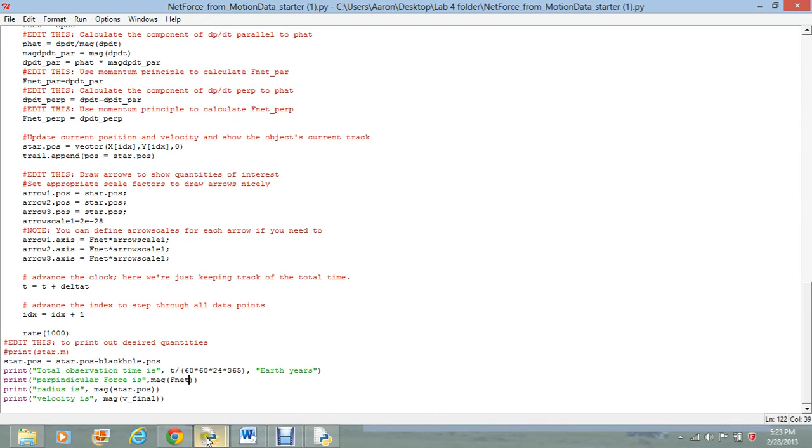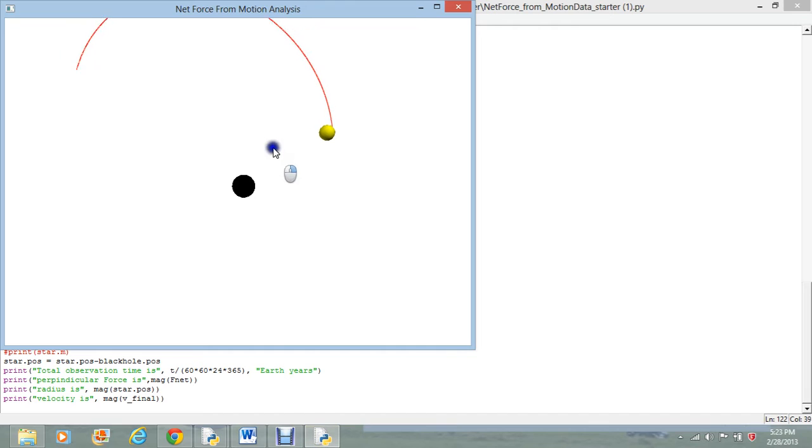After I ran the code, I got a diagram that looked like this, where the black dot is the black hole and this yellow dot is the star. This is where the initial position was, and then it went around, and this is where the final position was. The code printed the final position of the star and the black hole and found the distance between them.